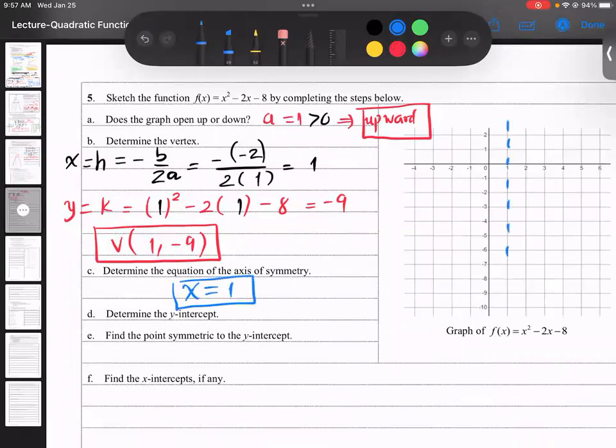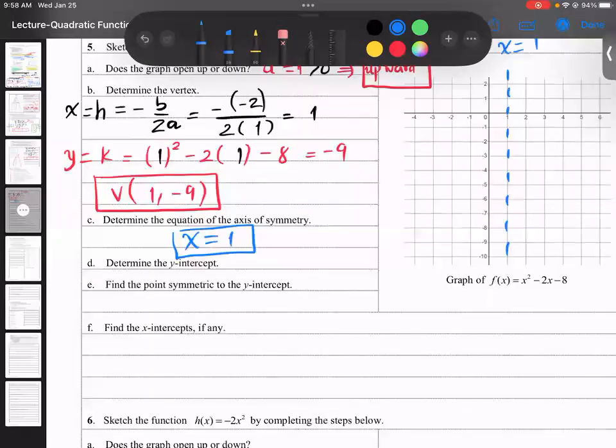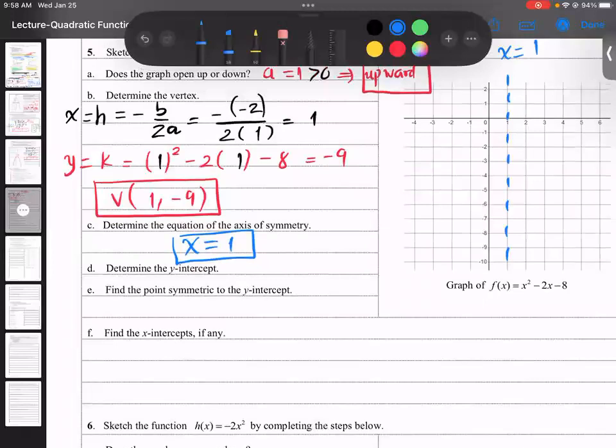The reason you see a dash is because in reality, the graphing calculator or even Desmos, they don't graph the axis of symmetry for you. It's just something I show you so that you see this symmetry. If you miss any point, you can always plot using other points.